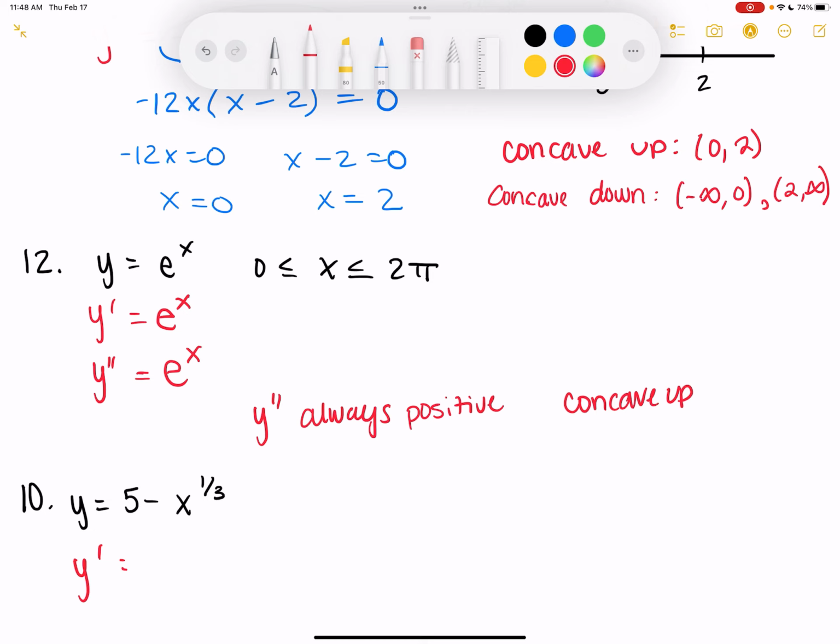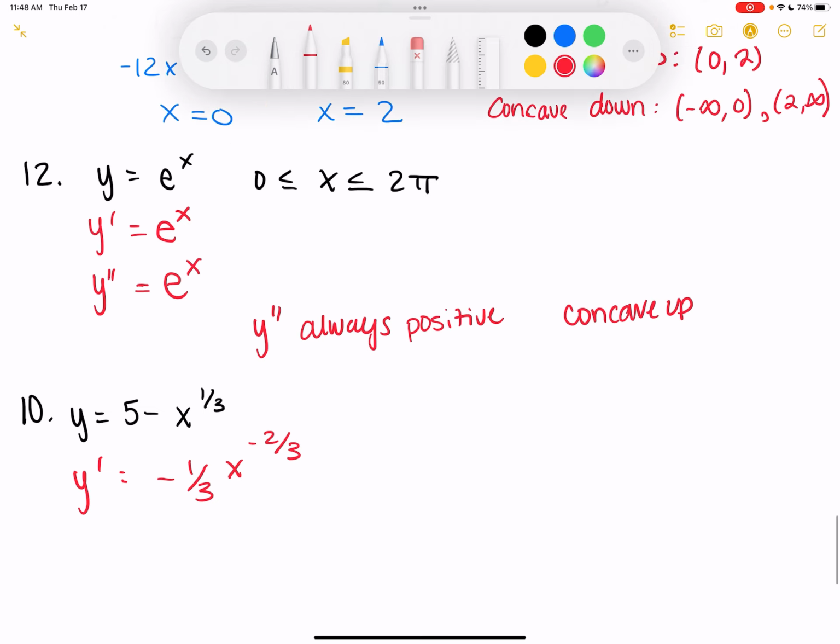Negative 1/3 x to the negative 2/3, right? All right, so that's the first derivative. How about the second derivative?